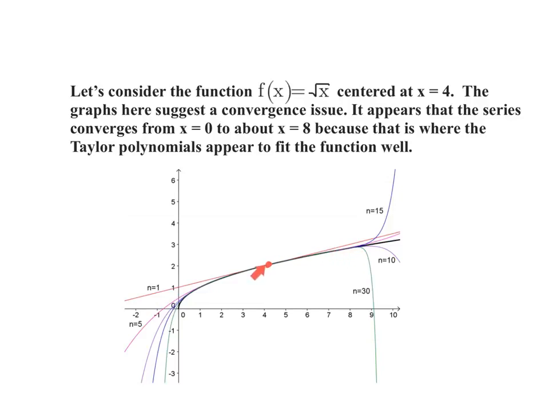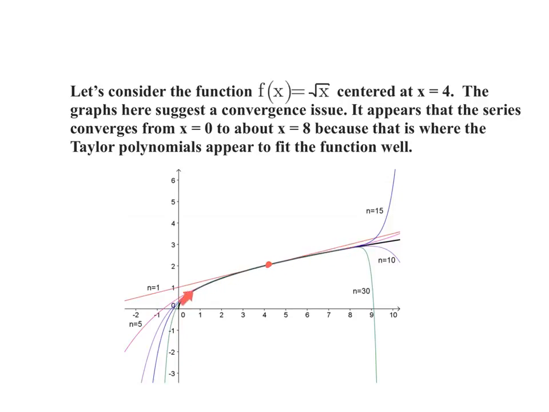Now, when we were doing the Taylor polynomials, for example with sine of x, as we increased the number of terms, that polynomial became more and more accurate, or in other words, it modeled the graph of sine of x better and better and better. And so we said that as we went to infinity, it would continue modeling that function out to infinity.